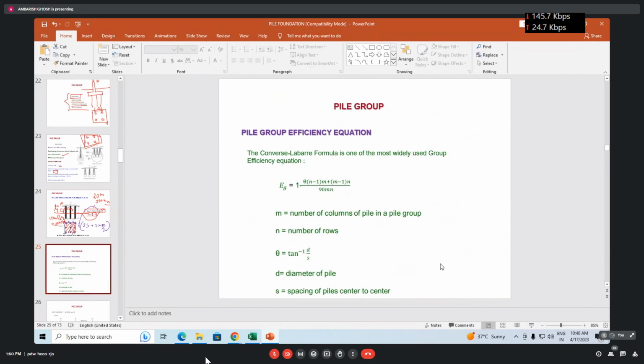Now this is the pile group efficiency. There are different formulas available basically. So this is the Converse-Labarre formula. This is the way also you can calculate the pile group efficiency. This is available in any book.